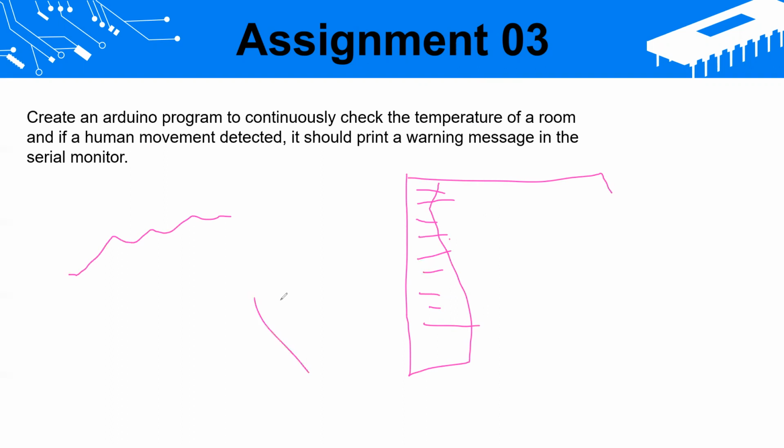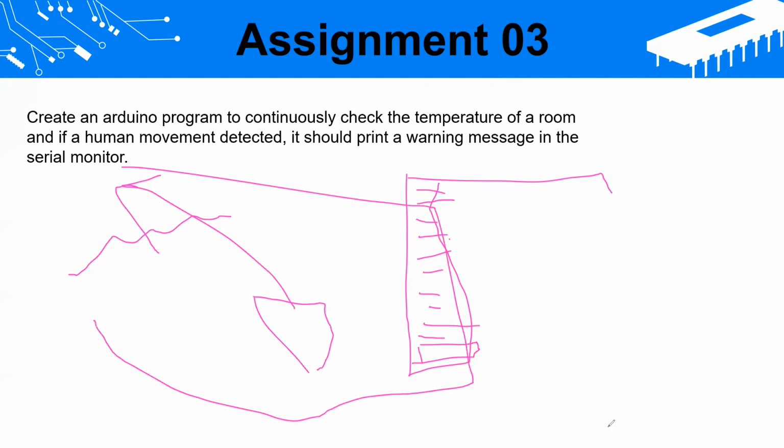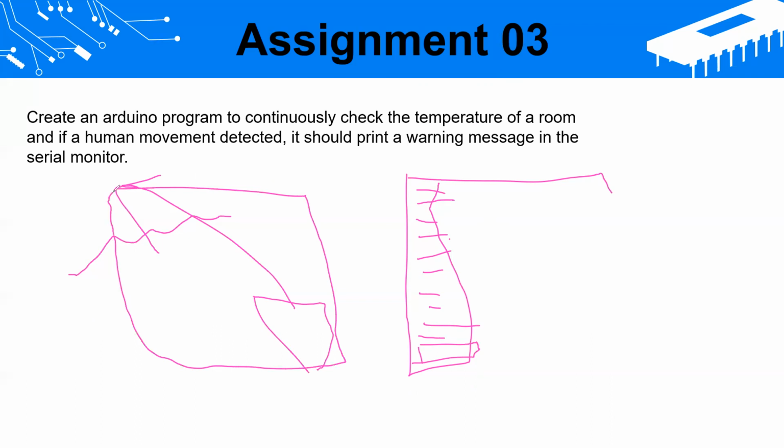In that case, while it is printing these temperature values, it should also print that warning message: there is a movement inside your room. This detecting part comes from the interrupt, and this is the base program.